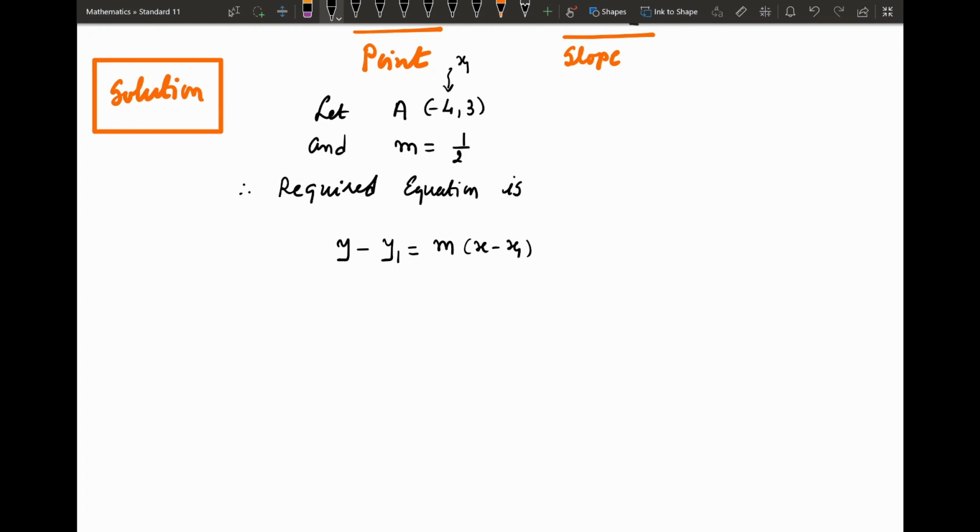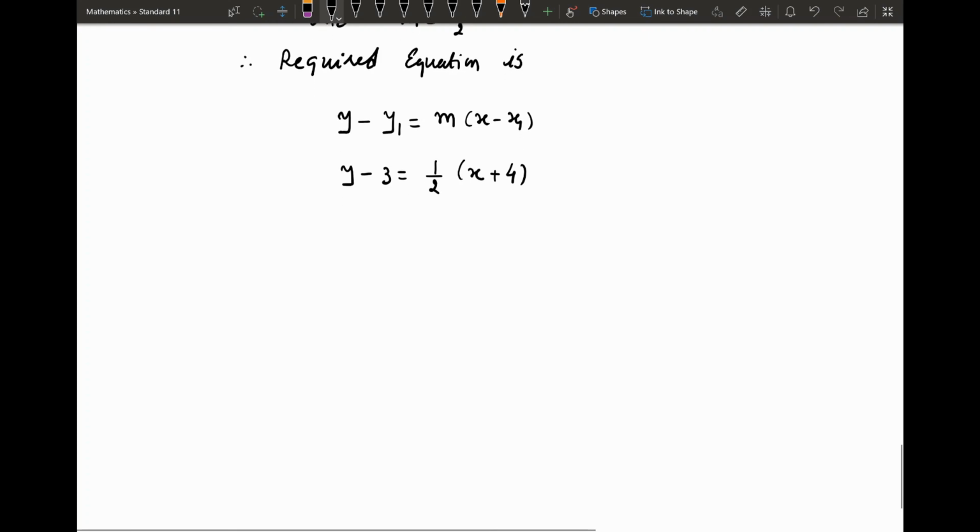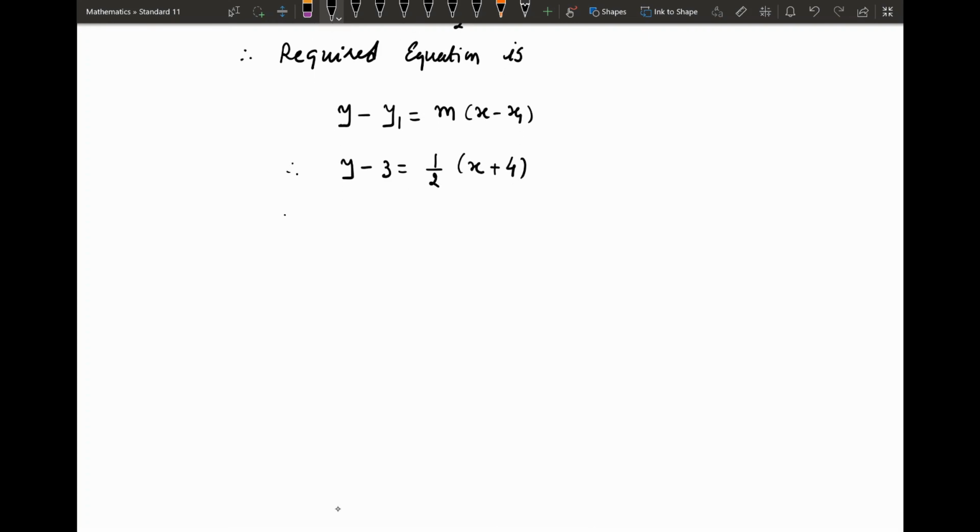These coordinates we will consider as x1, y1. So y minus 3 equals 1/2 into (x plus 4). Now let us simplify this equation, so we will get the required Cartesian equation.